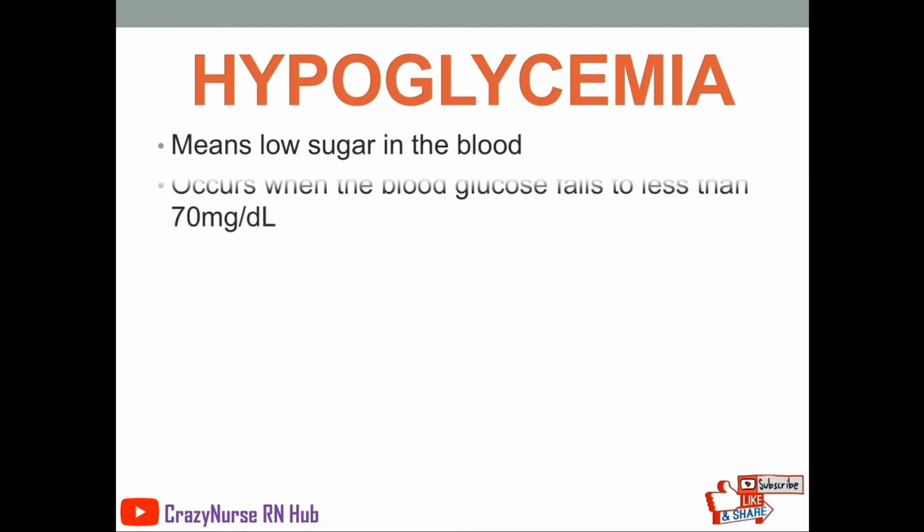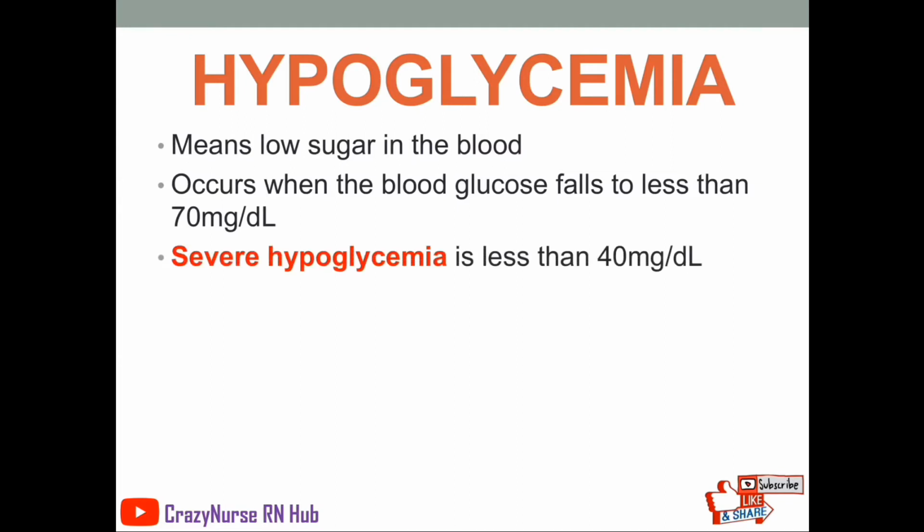Now let's discuss hypoglycemia. It means low sugar in the blood, and it occurs when the blood glucose falls to less than 70 milligrams per deciliter. We also have a condition called severe hypoglycemia. The patient's blood glucose level is less than 40 milligrams per dL.